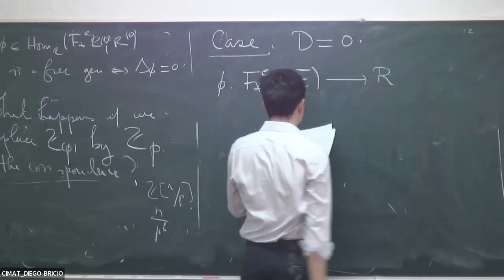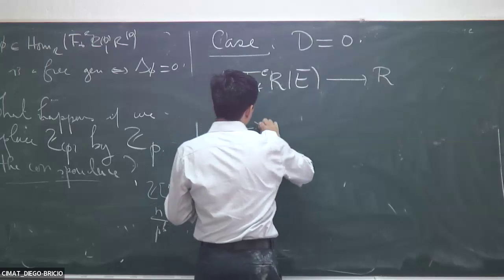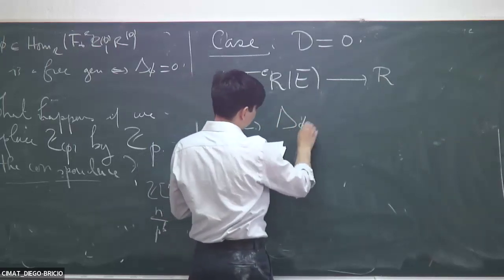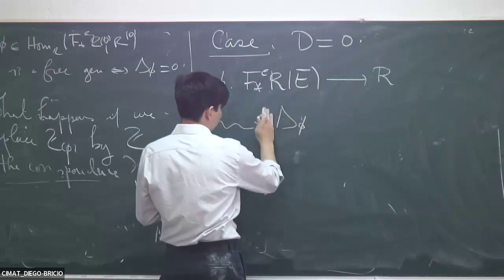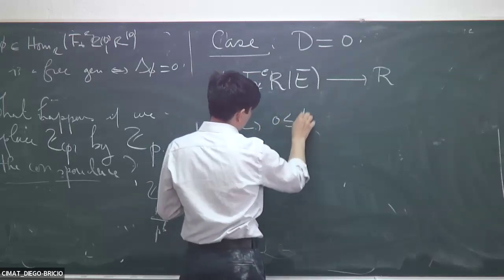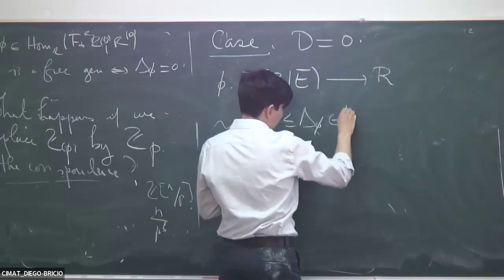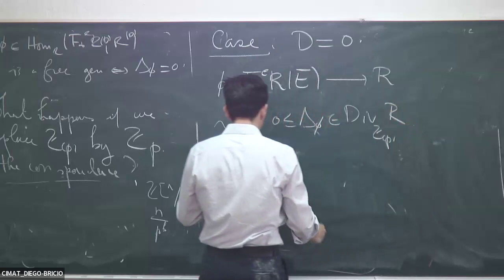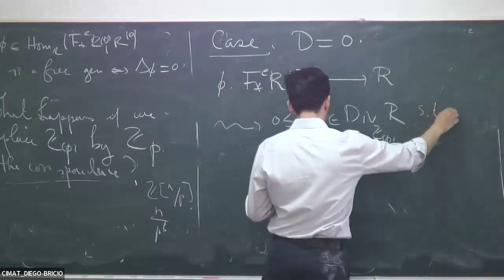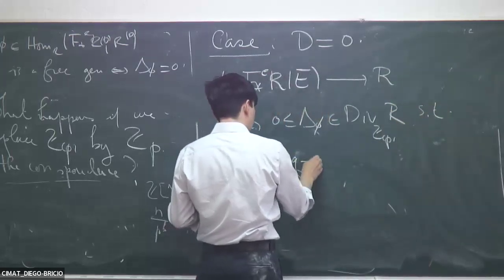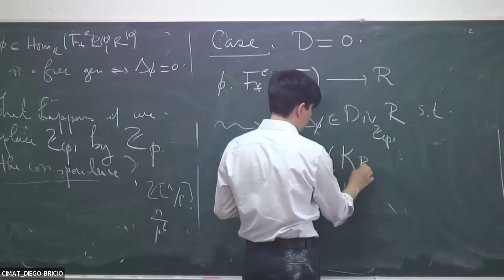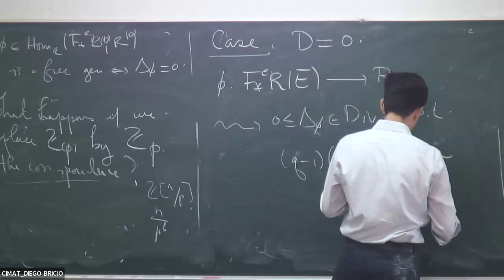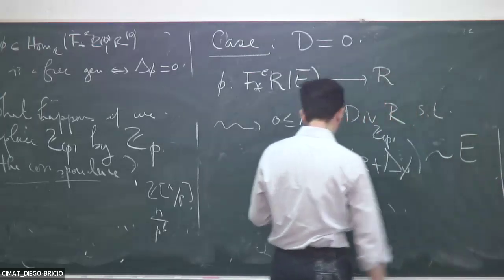Now D is 0, so you have R. To this thing there corresponds a delta P, which is an effective ZP divisor, such that Q minus 1 times KR plus delta P is linearly equivalent to E.